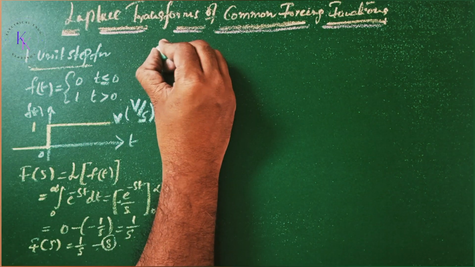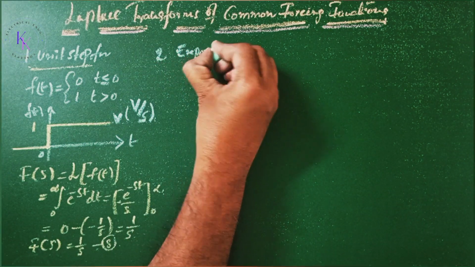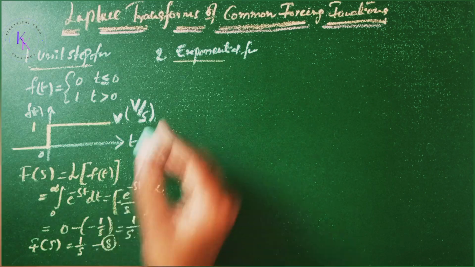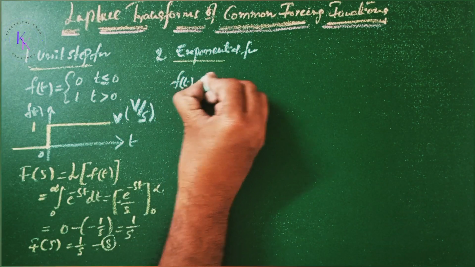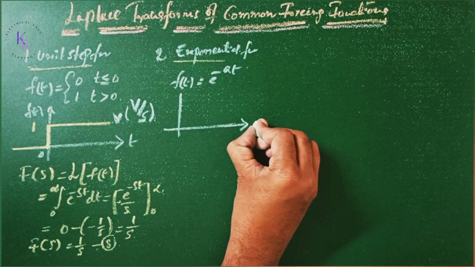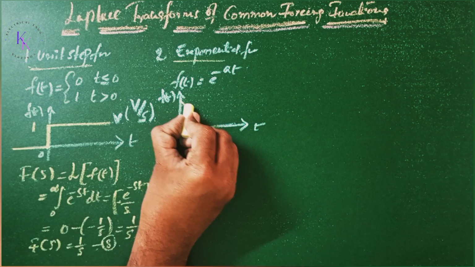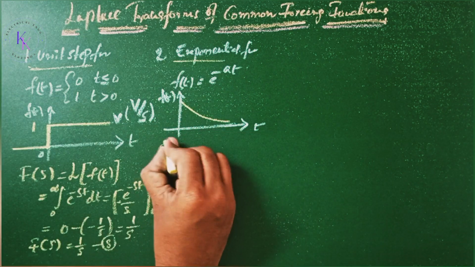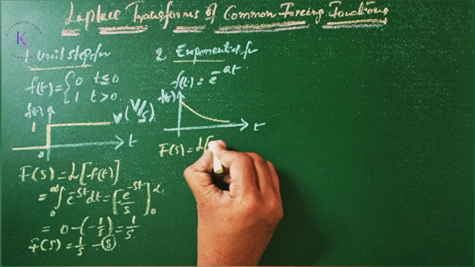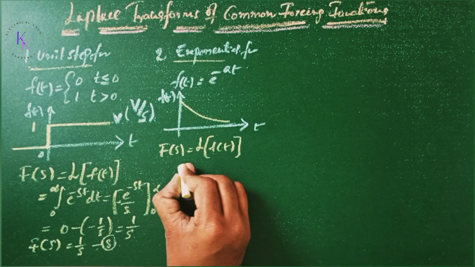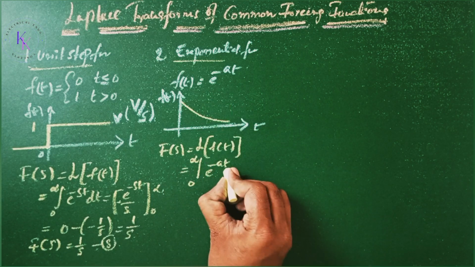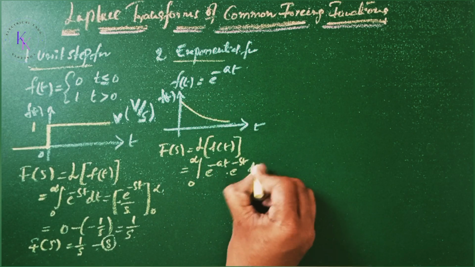Now the second one, the exponential function. The exponential function is also very common in electrical circuits, and it is described as f of t equals e power minus at, in a diagram with t and f of t. Now applying the Laplace transformation, F of s equals the Laplace transform of f of t, which equals the integral from 0 to infinity of e power minus at times e power minus st dt.